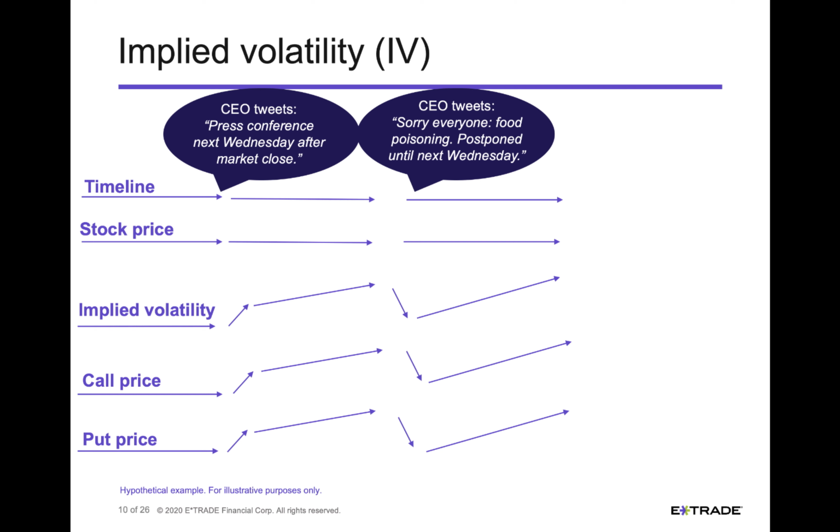But the option that expires a week and a half from now, the implied volatility shifts into those. So the call prices and the put prices for those go up, while the implied volatility for this week's dramatically goes down in a vol crush. Now again, the price of the stock has not changed, but the option prices are moving all over the place as we have these tweets coming out.